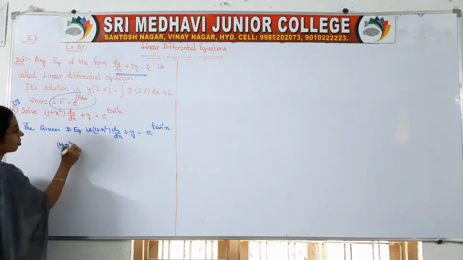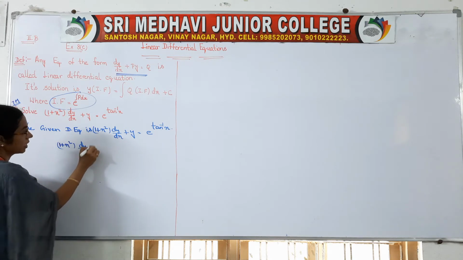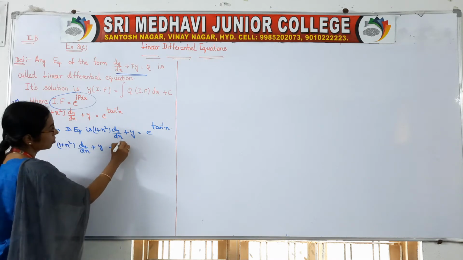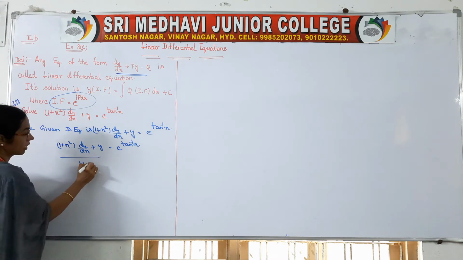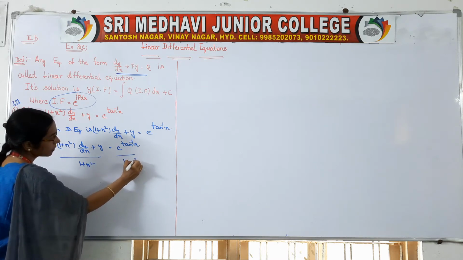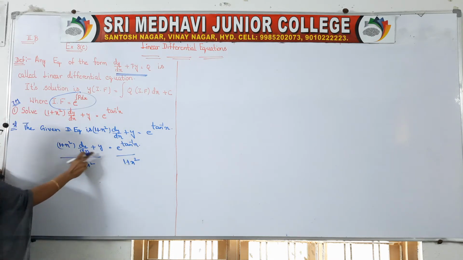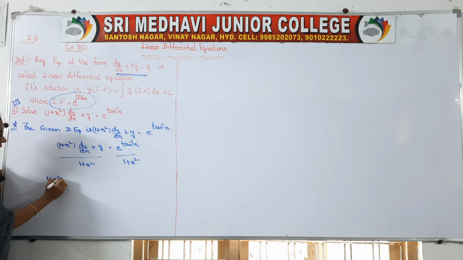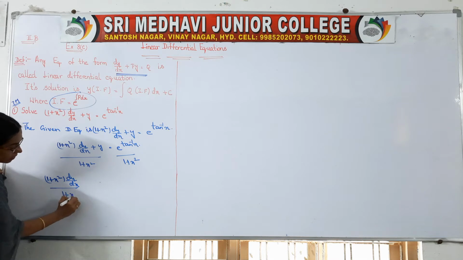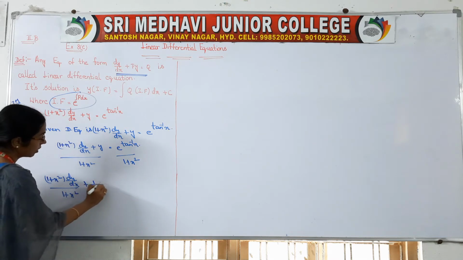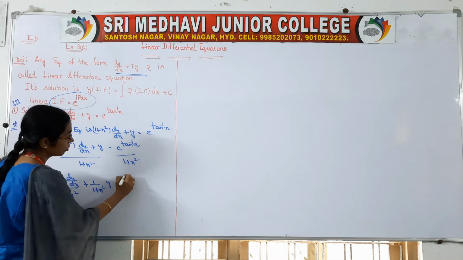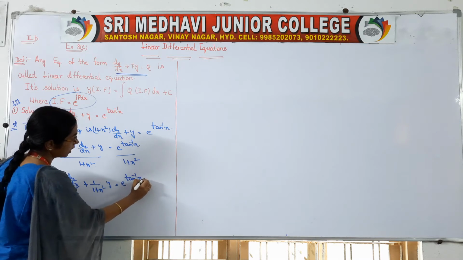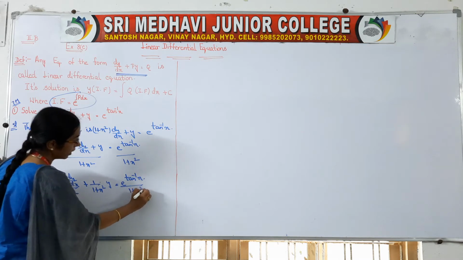1 plus x square dy by dx plus y is equal to e to the power of tan inverse x, divided by 1 plus x square. Now write separately: 1 plus x square dy by dx by 1 plus x square, plus 1 by 1 plus x square into y, is equal to e to the power of tan inverse x by 1 plus x square.